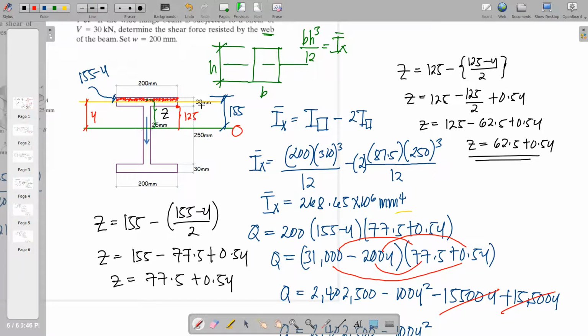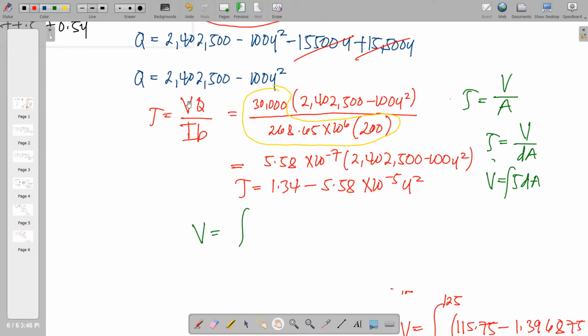So we just add 125, 30. So this is 155. So our integrand is from 125 up to 155, which covered the whole boundary of your flange. So that will be our integrand, 125 up to 155.